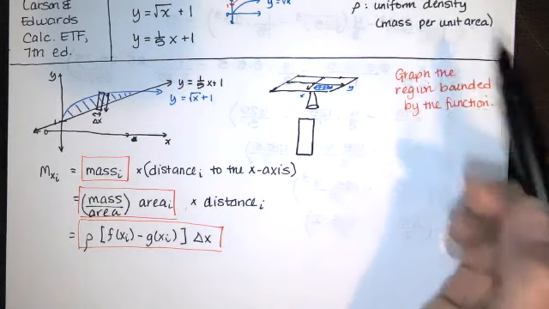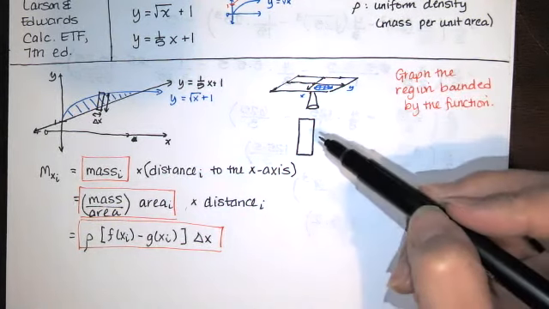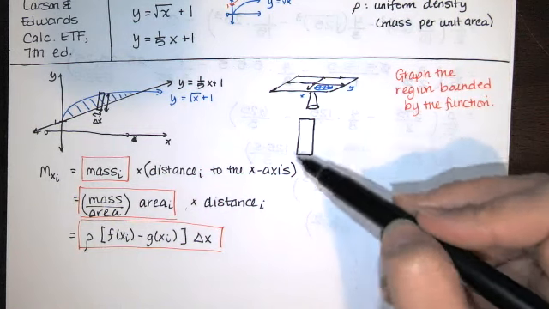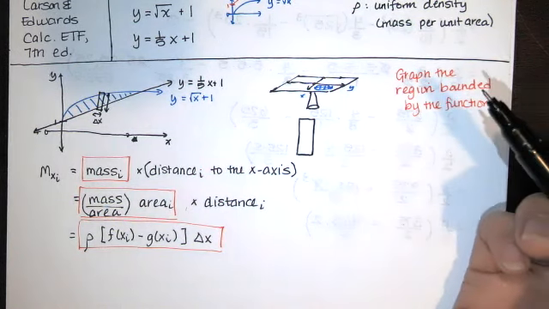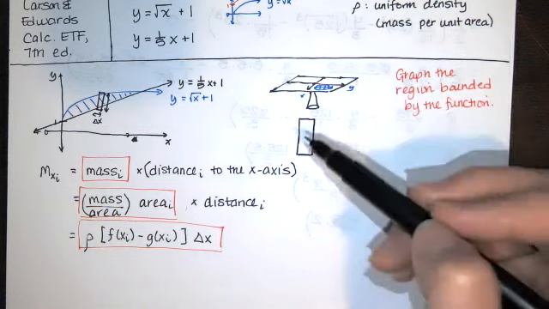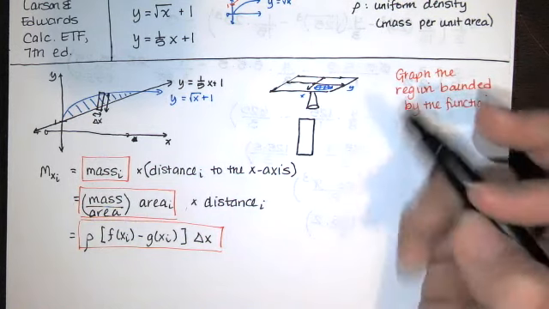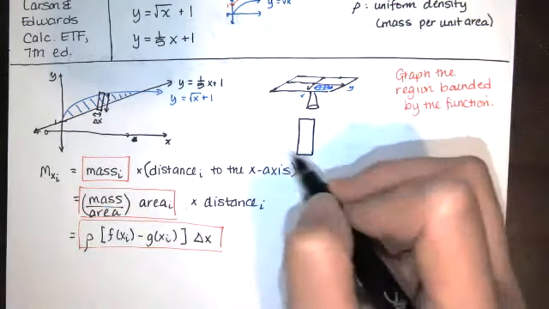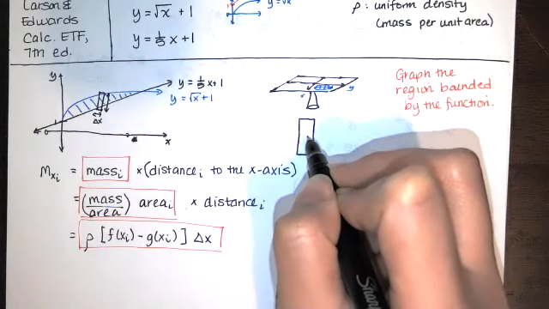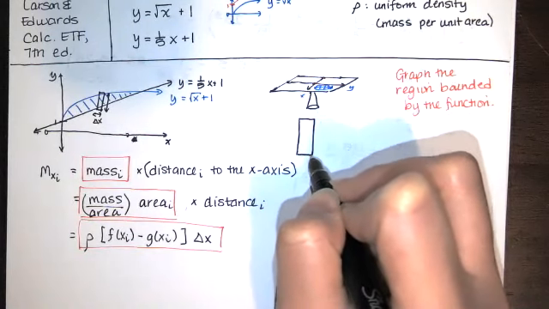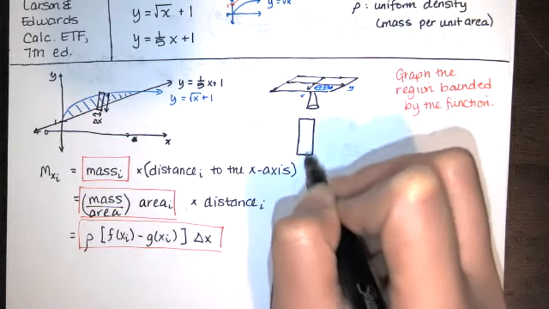Since our density is uniform, the center of mass of this rectangle depends on geometry. It has absolutely nothing to do with a distribution of mass on the rectangle itself. So the center of mass will be at the average x value and the average y value.